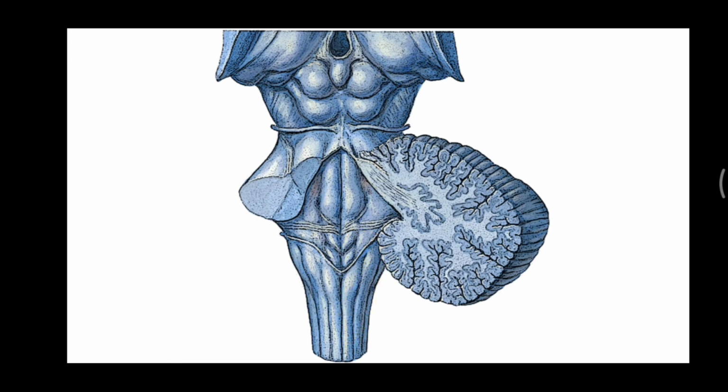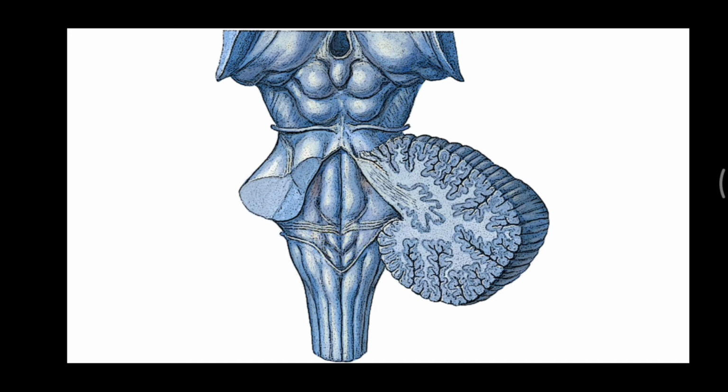Now let's see about the supromedial zone of the posterior area of the upper medulla, or otherwise the open part of the medulla. It forms the caudal part of the floor of the fourth ventricle.